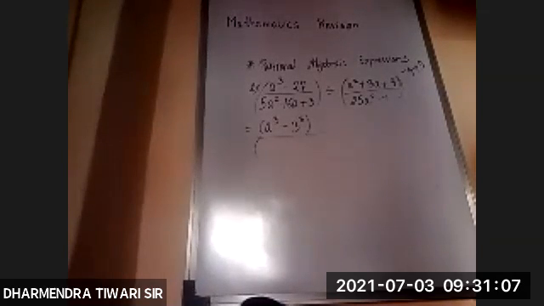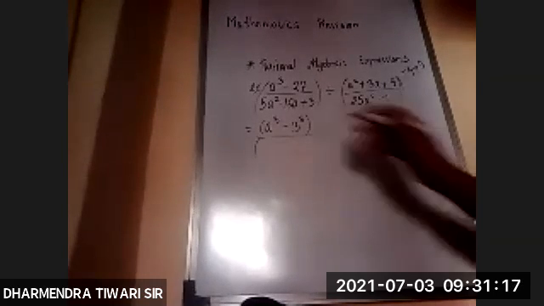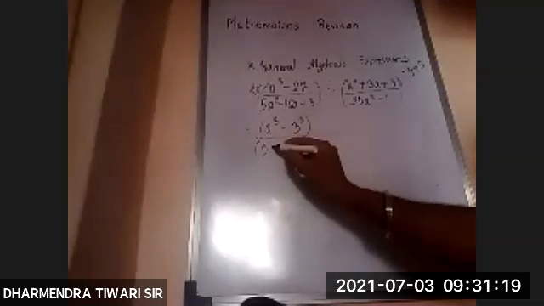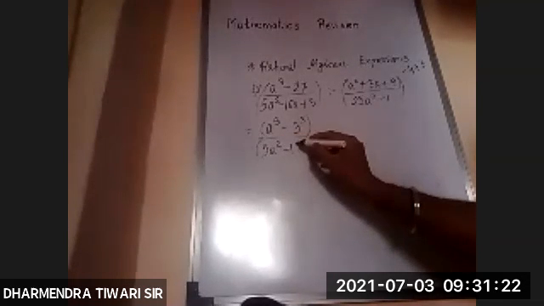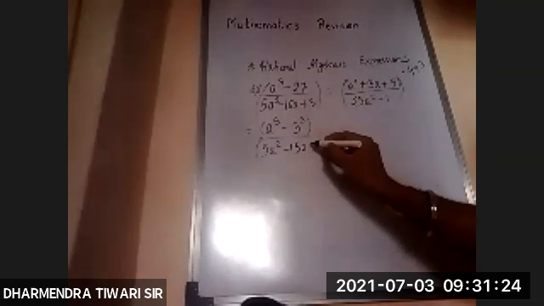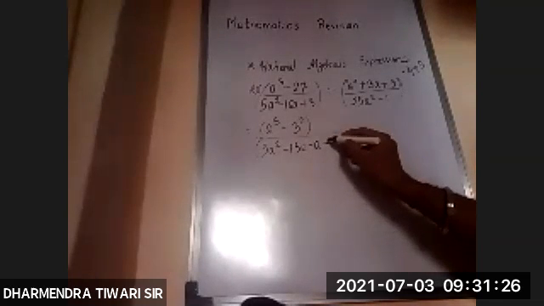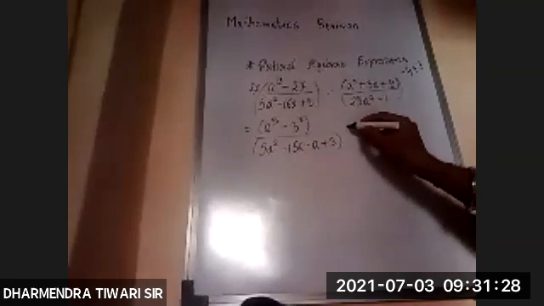So tell me the table which gives me minus 16. So minus 15 minus 1 gives me minus 16. So we can write this as 5a square minus 15a minus a plus 3. We are done. No doubt.